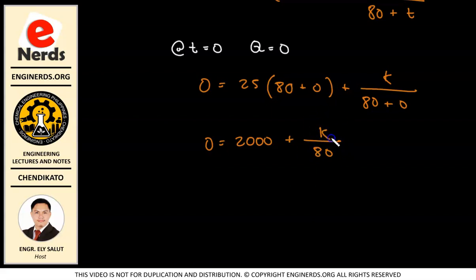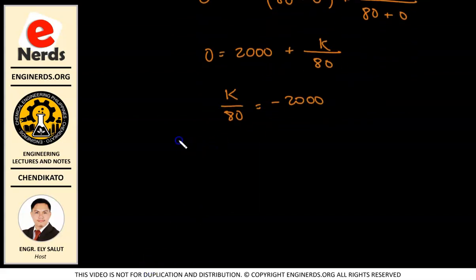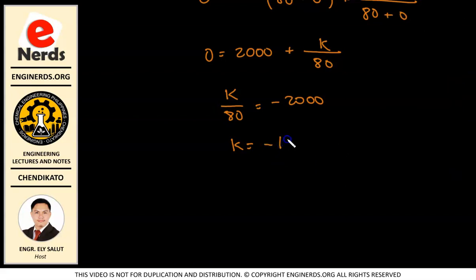So, let's isolate K. We will have K over 80 is equal to negative 2,000. Multiplying both sides by 80, K is equal to negative 2,000 times 80, so we have negative 160,000. That is the value of our K.